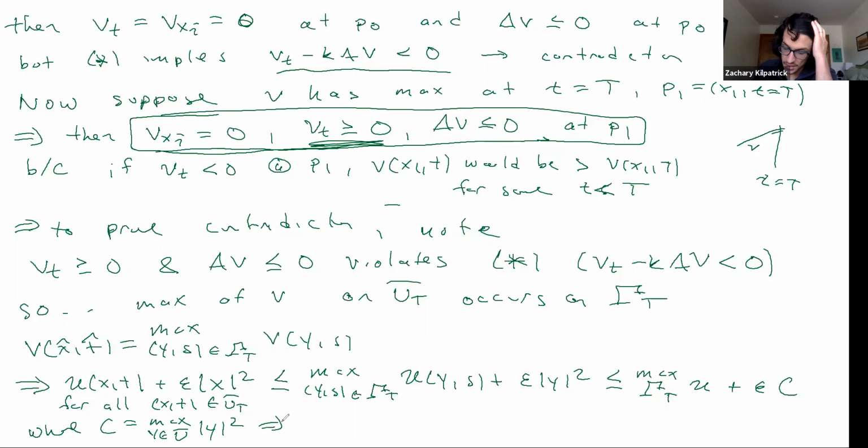So this implies then that u of xt, if I just subtract off these terms, is less than or equal to something I'll just call m, right?